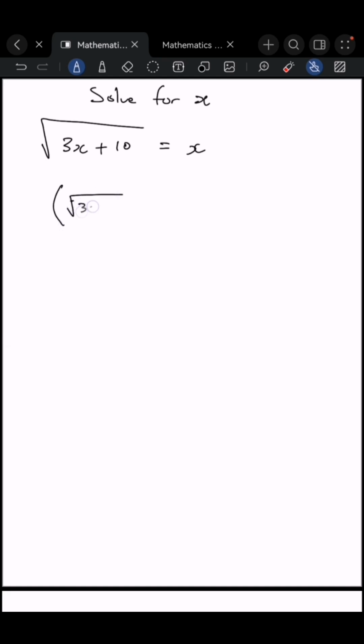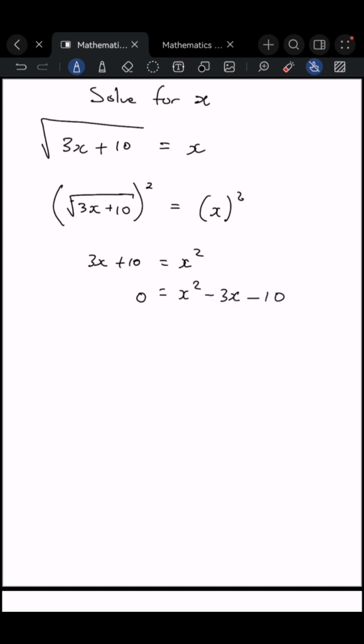Square root of 3x plus 10 squared should be equal to x squared, which gives us 3x plus 10 is equal to x squared. 0 is x squared minus 3x minus 10. 10 times 1, 5 times 2, 0 is equal to x plus 2, x minus 5. X is equal to negative 2, and x is equal to positive 5.